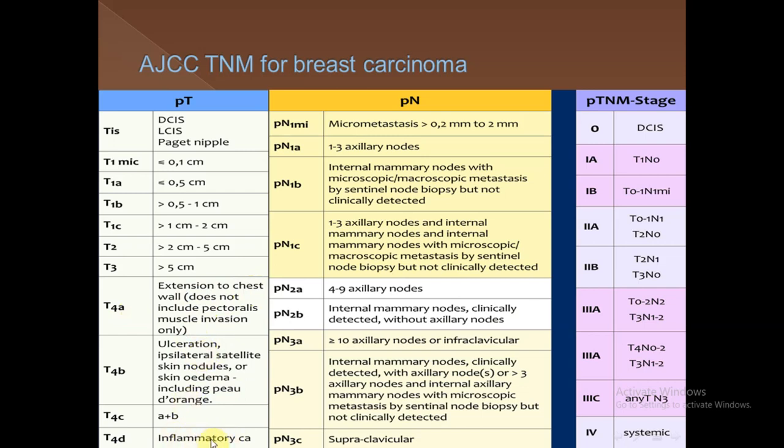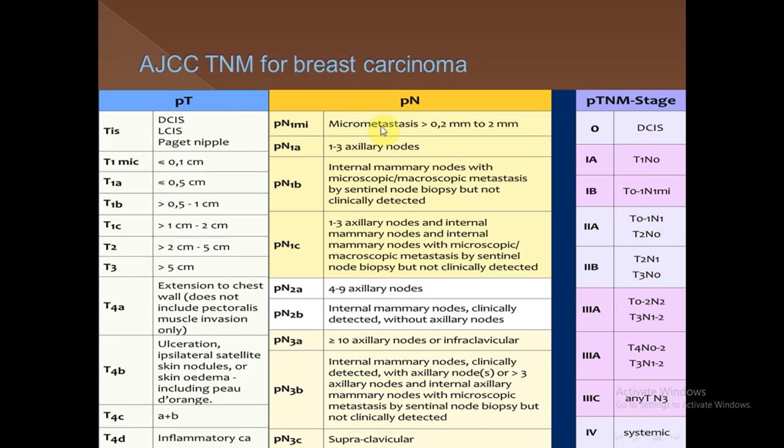And if we have inflammatory carcinoma, regardless of the size, even if it is 2 cm or 1 cm, and there is extension to the chest wall or skin ulceration, or it is of inflammatory carcinoma microscopic type, this is stage T4.